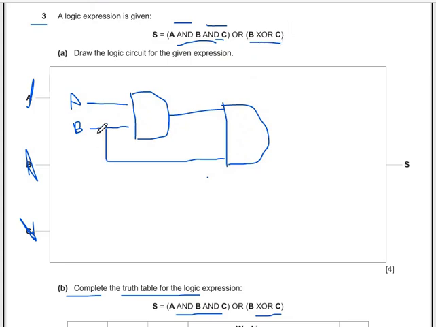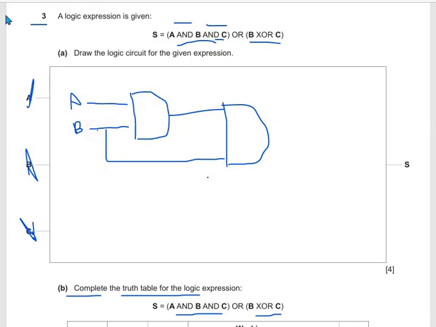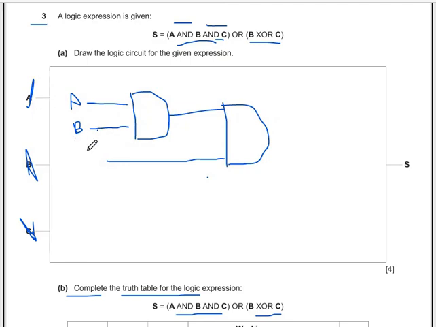Sorry for this, it's C. Let me correct it again. It is C, sorry. All right, so the third is C. Now C is added over there, and it is also producing an output. It's done.